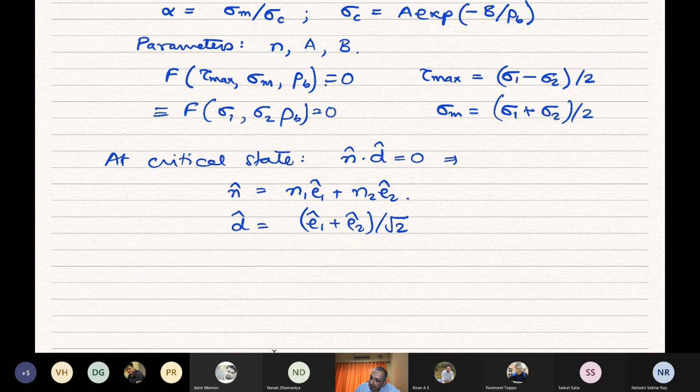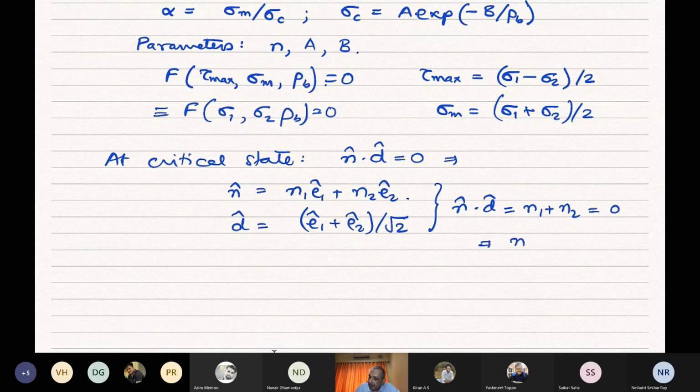So you can see from these two that if we take n dot d, that we are taking the dot product between these two, then this is just equal to n1 plus n2, and then from the class last time we saw that it's equal to 0 at the critical state. So the sum of the normal components are equal to 0.